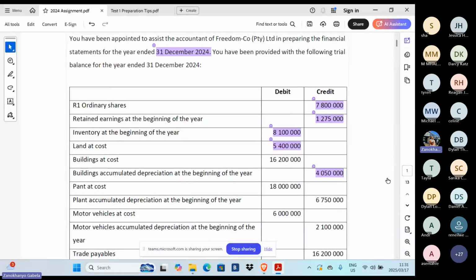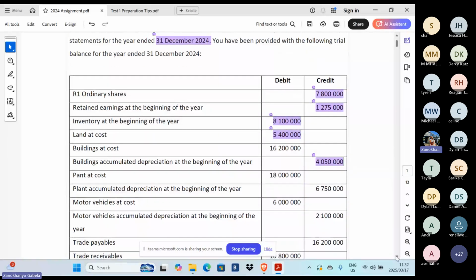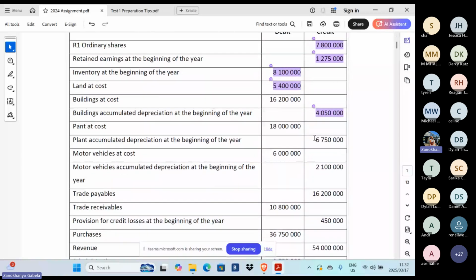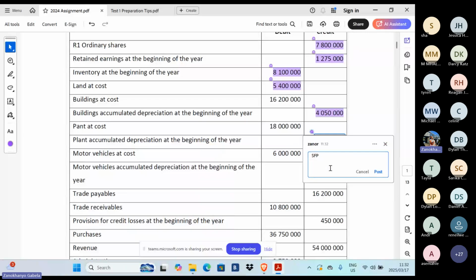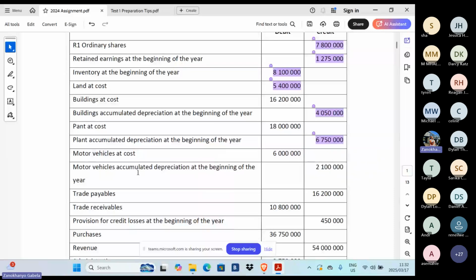And then quickly highlight. So you're highlighting basically during the reading time because you want to make sure you cover yourselves before you can be asked a question. And where is it going to go? SFP, obviously, to get a CV, which is carrying value at the beginning. We then say cost less this amount here. Okay. And then motor vehicles at cost, accumulated depreciation, same stuff as above.